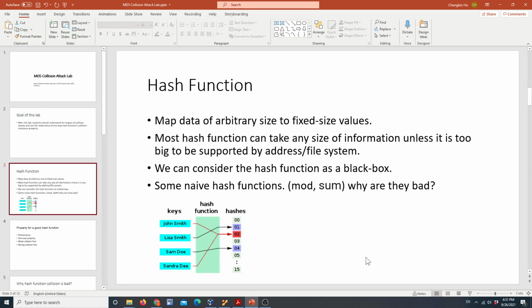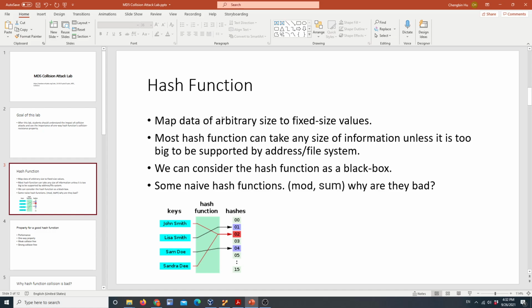Okay, since we are focusing on hash function, let me introduce some background. The hash function maps some data of arbitrary size to fixed size values. And most hash functions can take any size of information unless it is too big to be supported. So in most cases, we can consider a hash function as a black box.